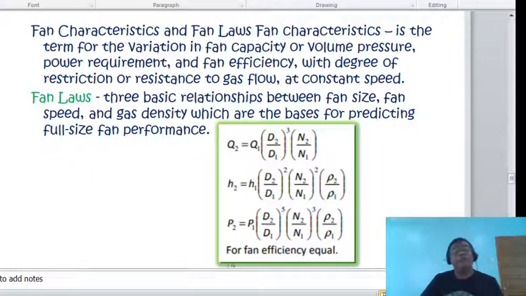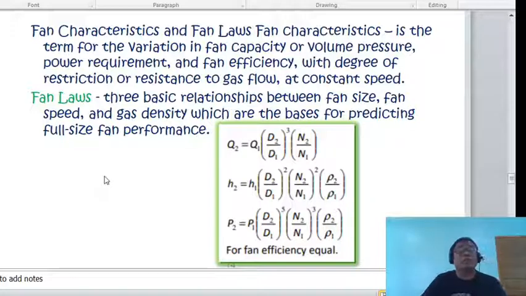Take note, class, if the diameter of the impeller will not change, you can eliminate the ratio of D. If the density does not vary, you can also eliminate that. Take note of that, class. You can eliminate those parameters that will not change from the initial to the final condition.